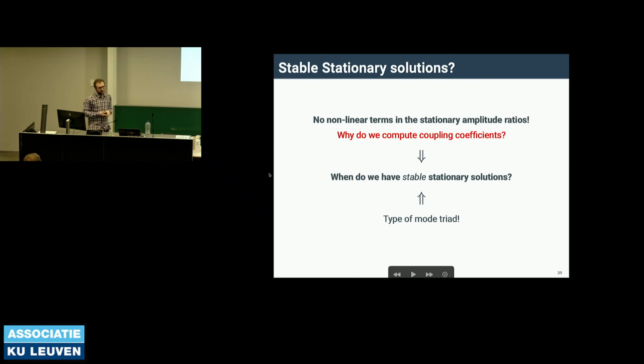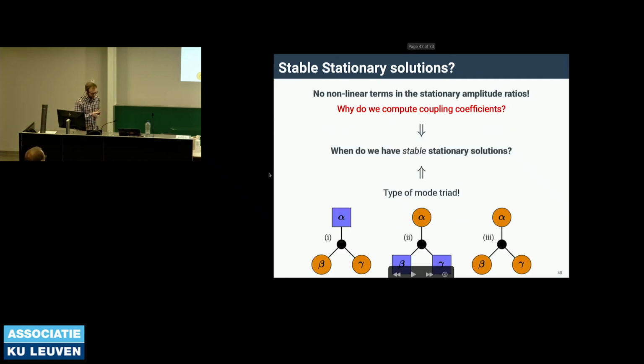This happens to be very dependent on the type of mode triad that we're considering. And we have three types that are of importance. The first one is where mode alpha is linearly damped, and mode beta and gamma are linearly excited. This is the direct resonance case.